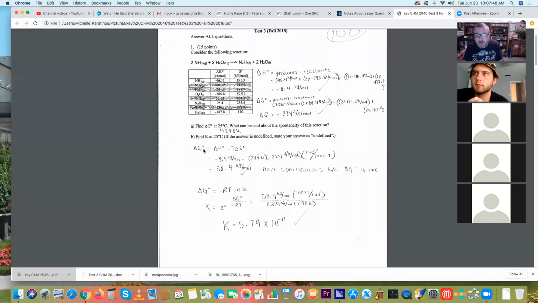And that's why we have this delta G here that will allow us to determine how favorable it is. Also, the sign of delta G is important. If it's a positive value, then it's not particularly favorable. And if it is a negative value, then it's much more favorable. Now, I'll get into more of that when we look at question 2.